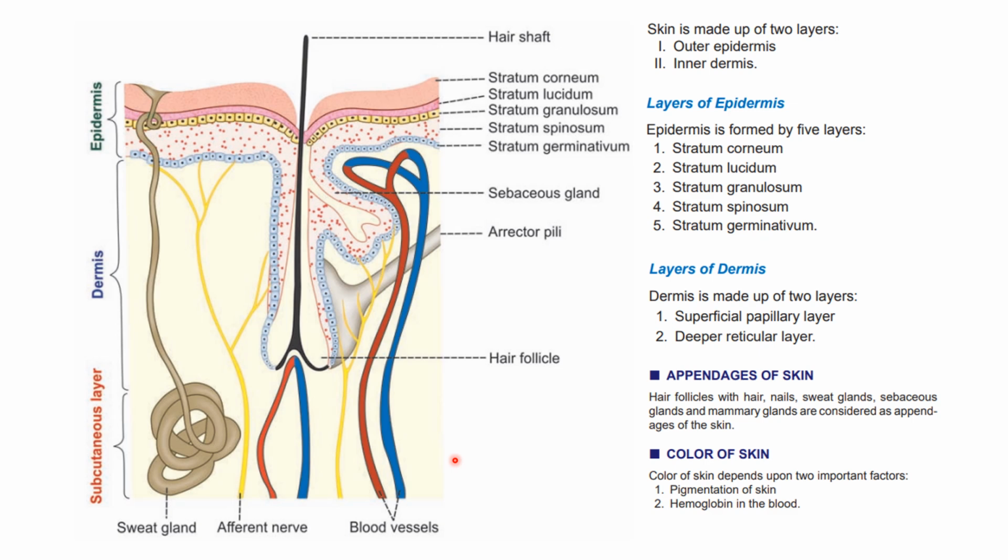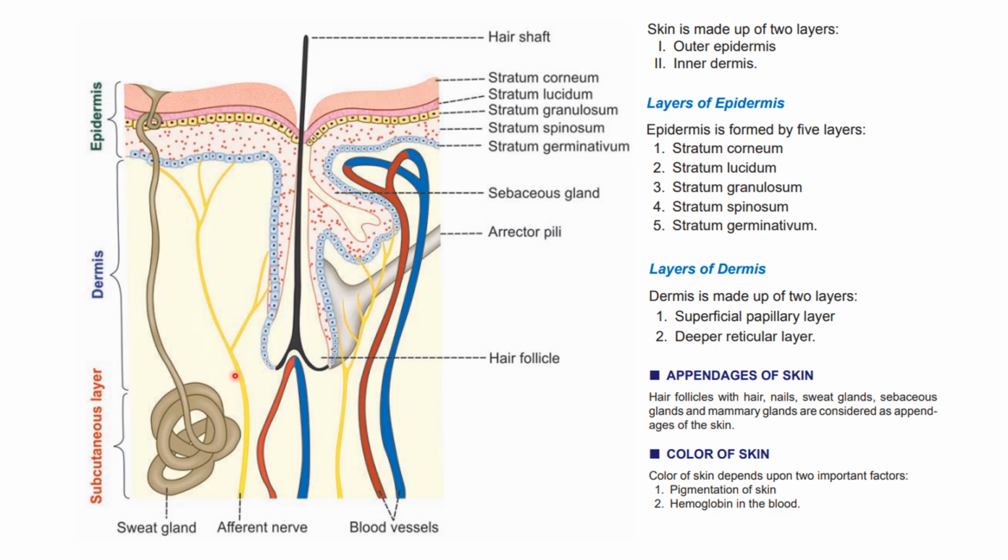Epidermis is the outermost layer of the skin. It is formed by stratified epithelium, and an important feature of the epidermis is that it does not have blood vessels. On top of the skin you won't see any blood vessels, and nutrients are provided to the epidermis by the capillaries of the dermis.